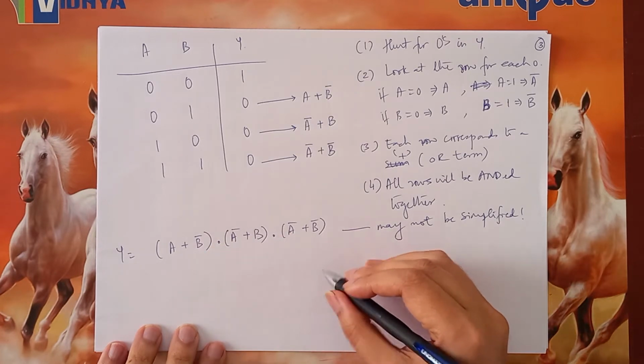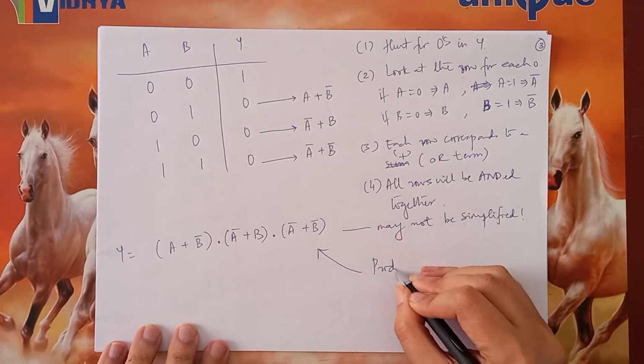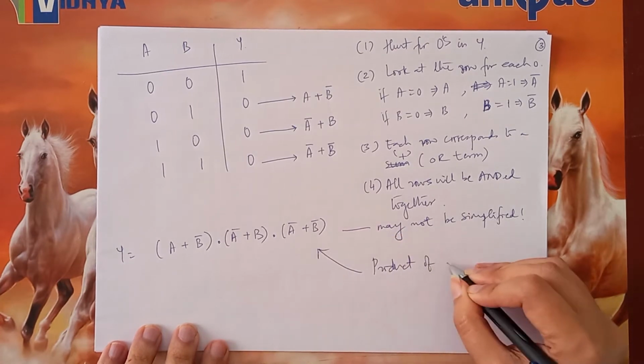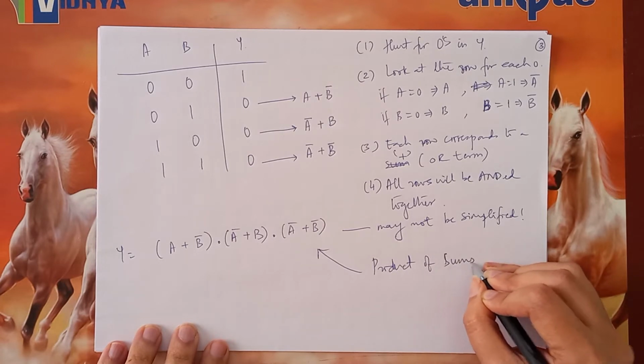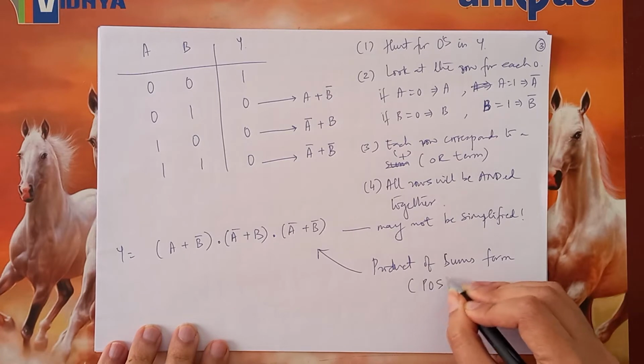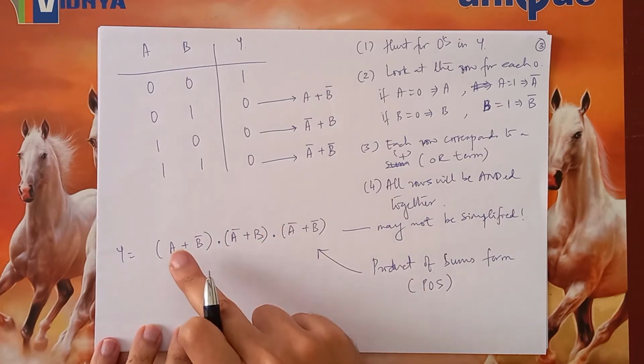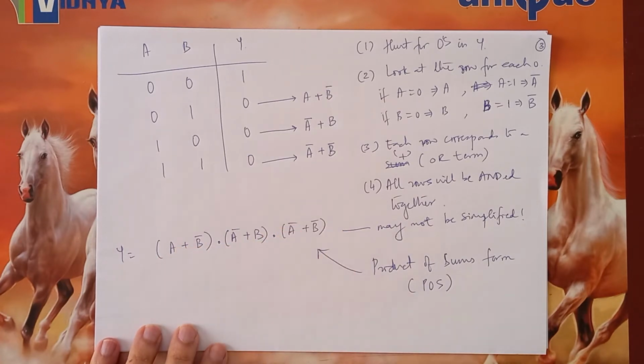So therefore, this form is called as the opposite of the previous one, or a product of sums form, also called as POS. That was SOP, this was POS. And each individual term for the row is a function of both variables.